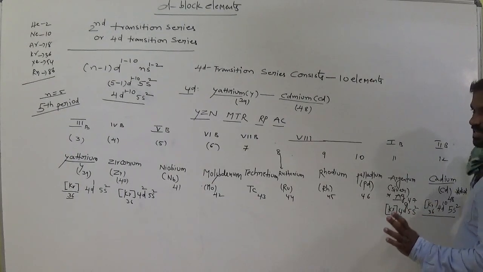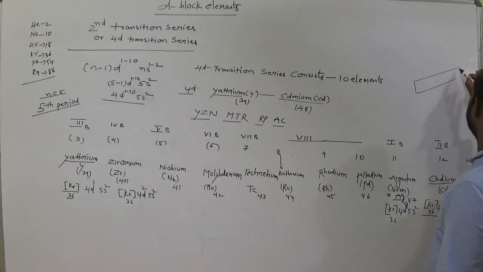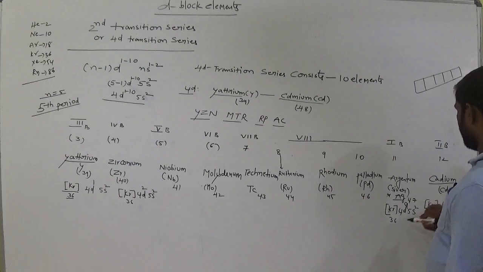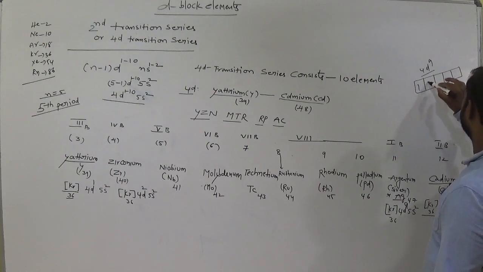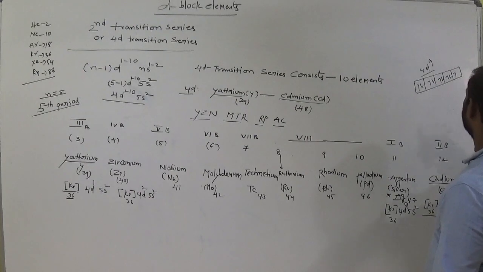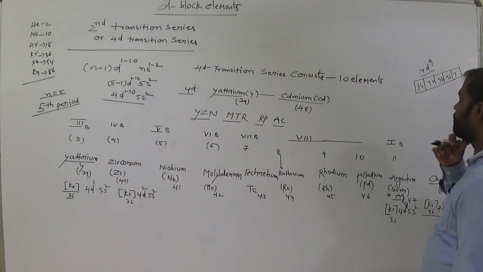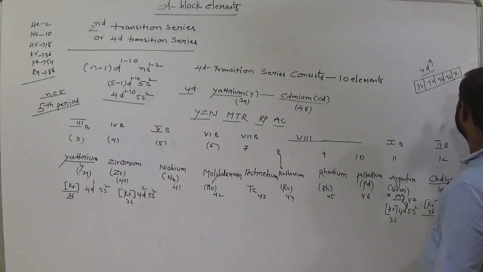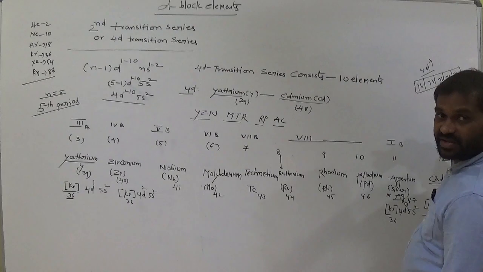So we have the concept of stability. In the d orbitals, how many electrons are there in 4d? This is 4d9: 1, 2, 3, 4, 5, 6, 7, 8, 9 only. It is not stable. Why? Because it is not completely filled or completely half-filled. Completely filled d orbitals are very, very stable.